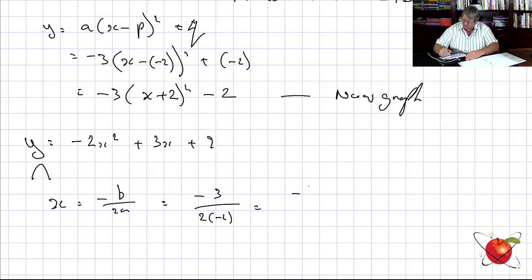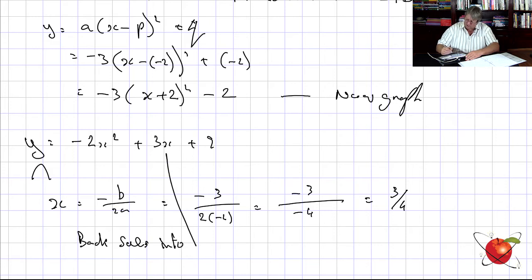So that's going to be minus 3 over minus 4, which is equal to 3/4. And then back subs into there to find y. Then you'd factorize it, you'd let y equal 0, x equal 0, and find the turning point using the formula minus b over 2a. You wouldn't go and complete the square on that.